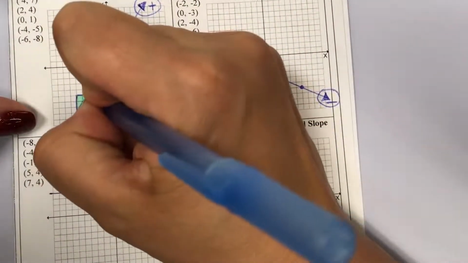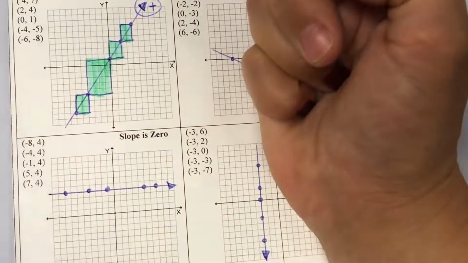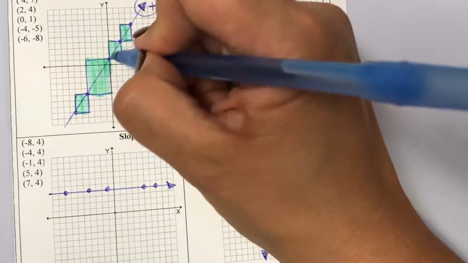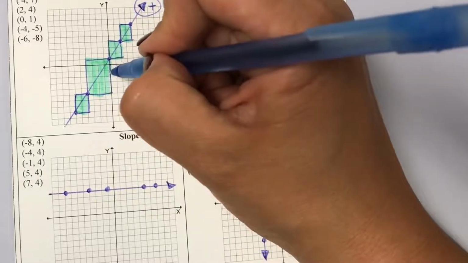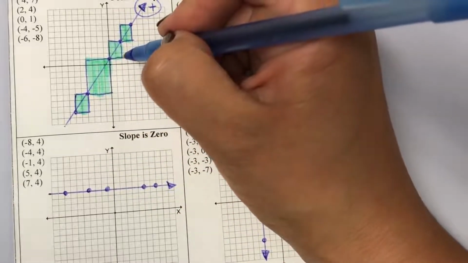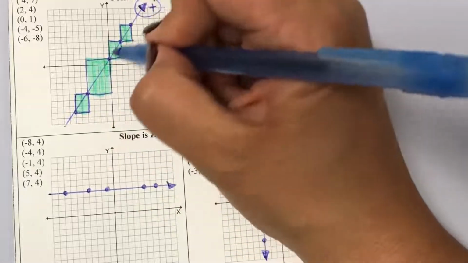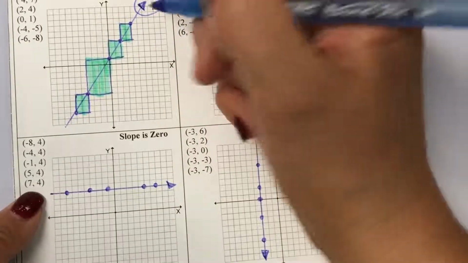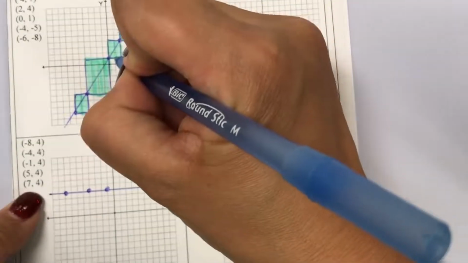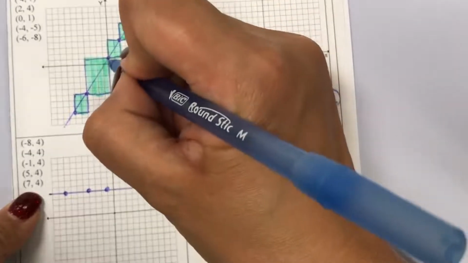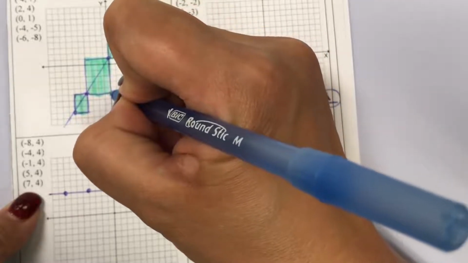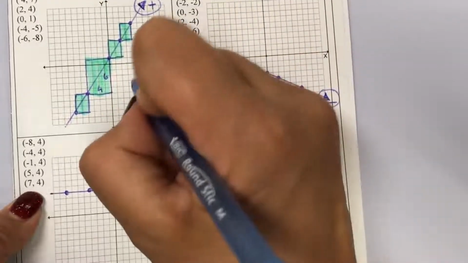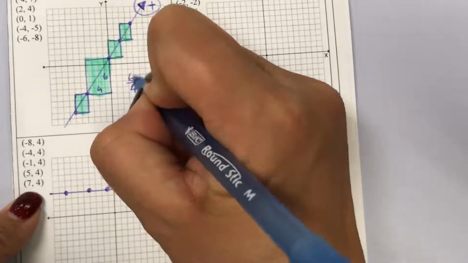Why? Because the ratio is a fraction, and fractions can be simplified. So these 2 are rectangles representing different sizes, but as a ratio, they have the same steepness. The steepness remains the same. So here we have 3 by 2, 3 by 2, and in the bigger one we have 1, 2, 3, 4, 5, 6 and 1, 2, 3, 4, and 6 by 4 is at the same time a ratio.